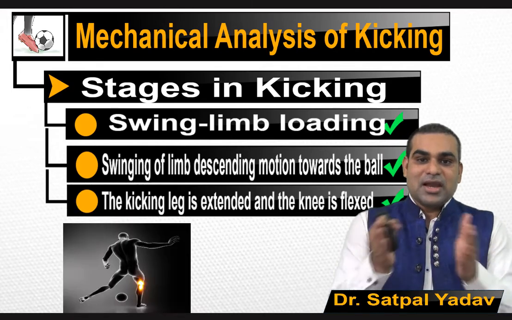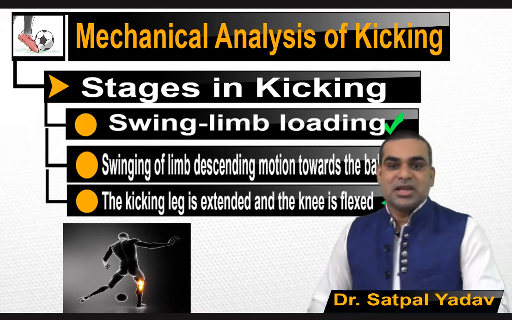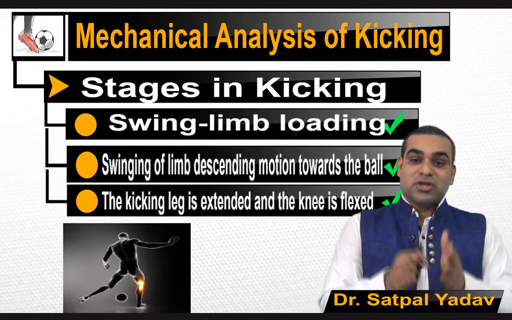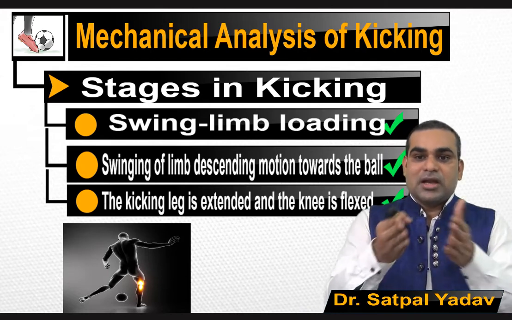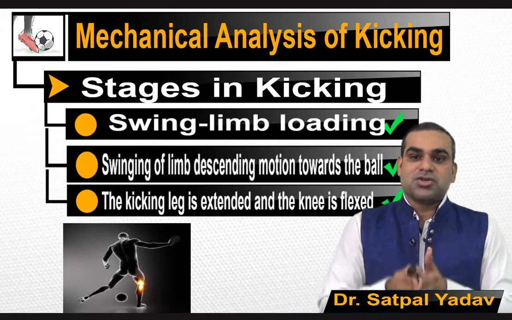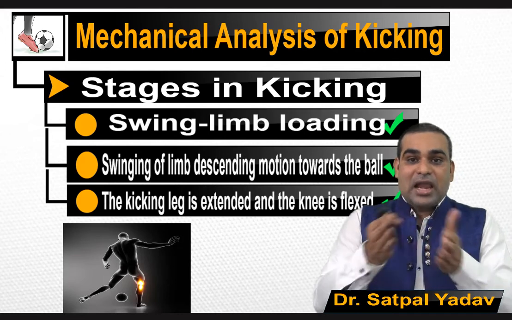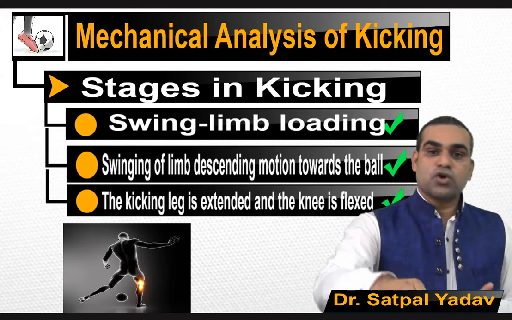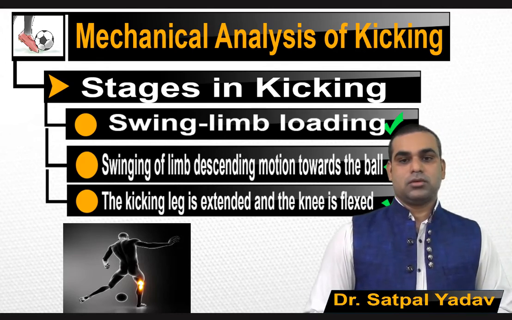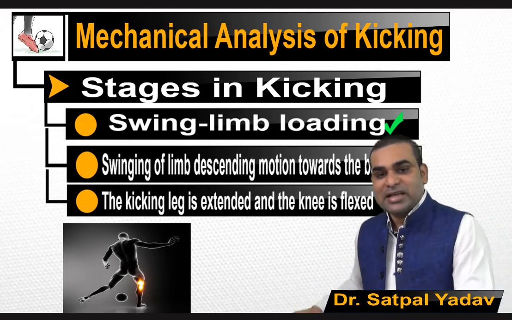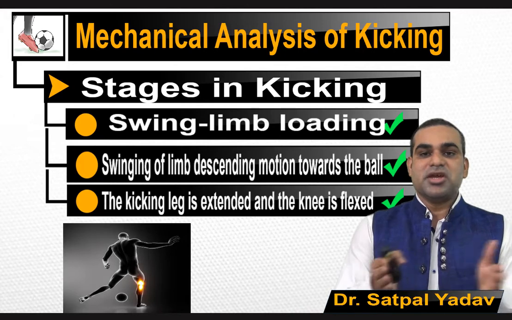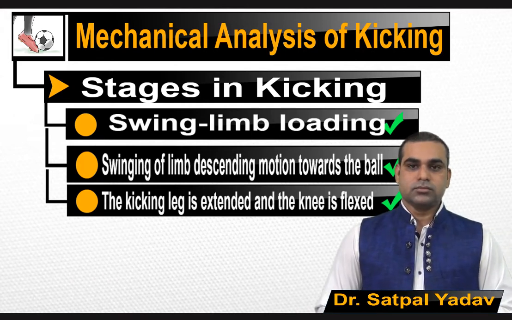You see, the kicking leg is extended and the knee gets flexed so that it stores elastic energy and allows a great transfer of force to the ball. At the end of this phase there is a maximum eccentric activity in the knee extension.